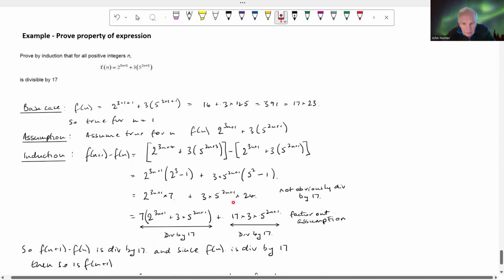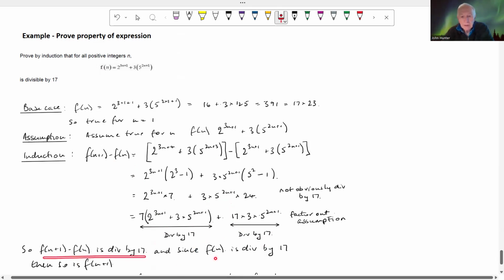And then this leaves us with 24 lots there, and so we take 7 out, that leaves us with 17 lots of that. Again, this is clearly divisible by 17 now. So when we're looking at the difference, we've got something divisible by 17 there, something divisible by 17, so the whole of the difference must be divisible by 17.